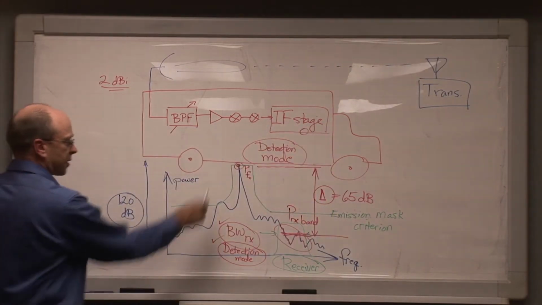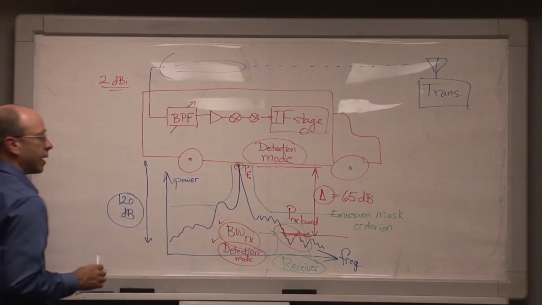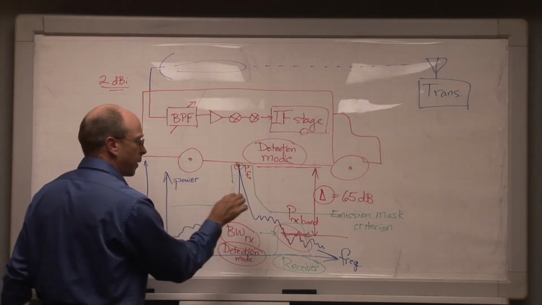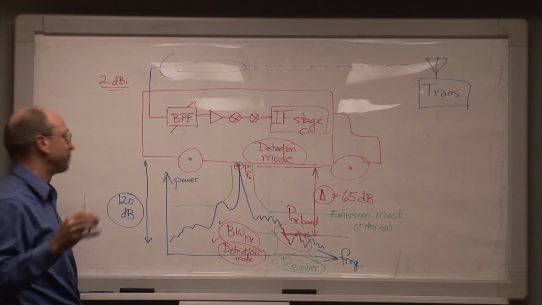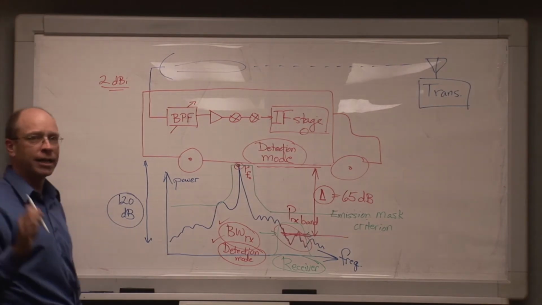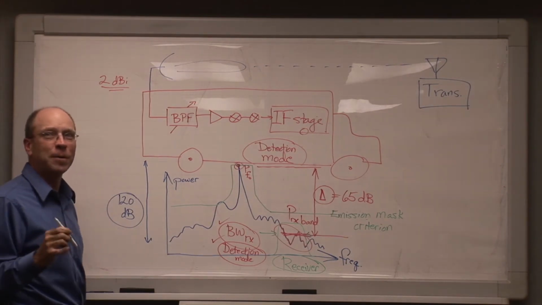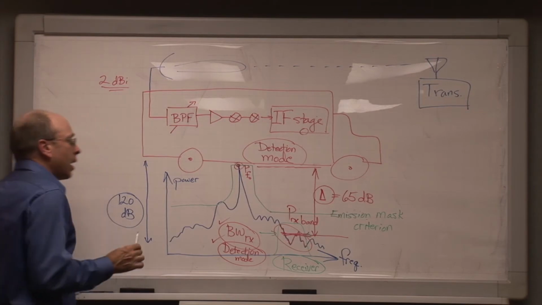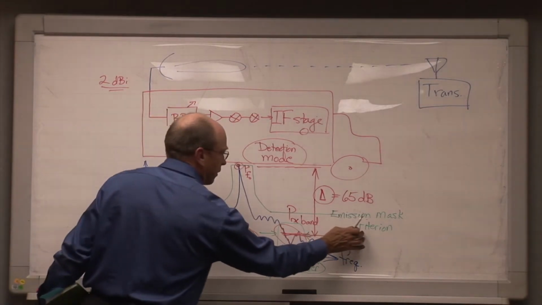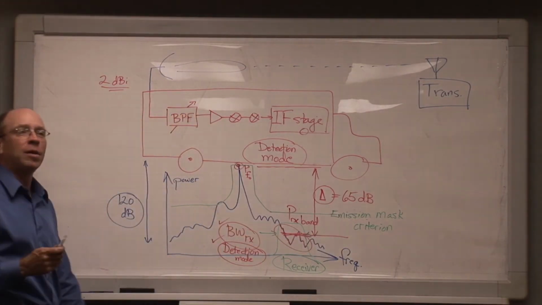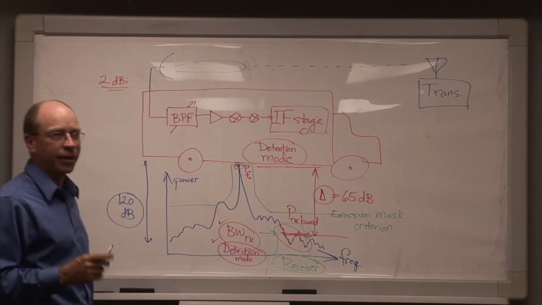Now, the way I've drawn this emitter is meeting the emission mask criterion. Just because an emitter meets an emission mask criterion does not mean it won't produce interference. Emission mask criteria have been developed to minimize interference problems. They do not eliminate interference problems.